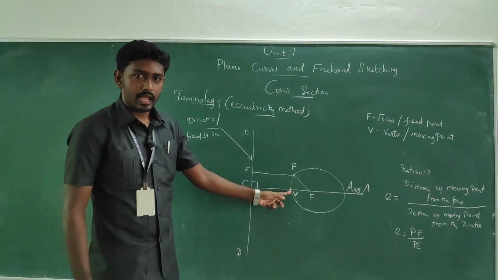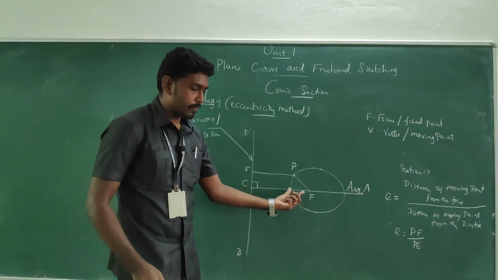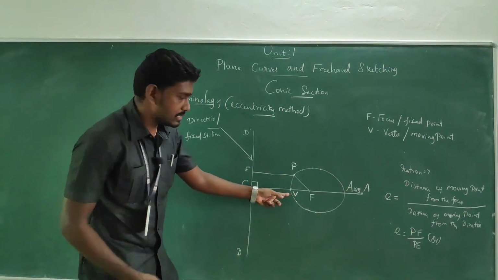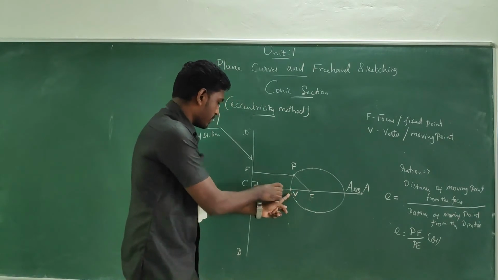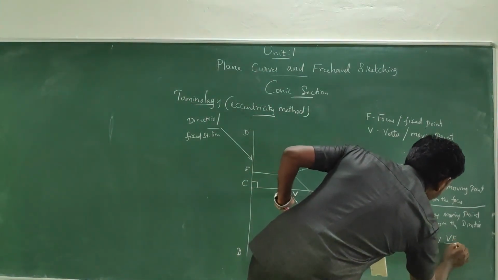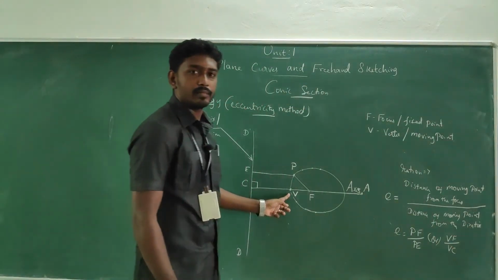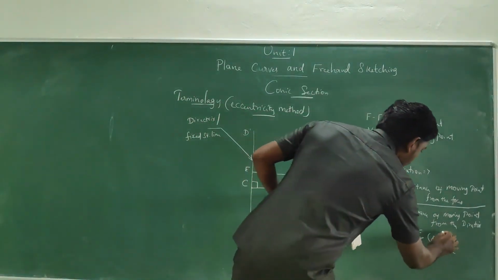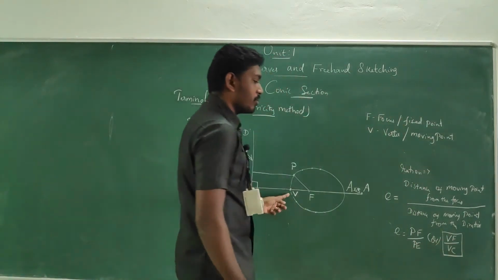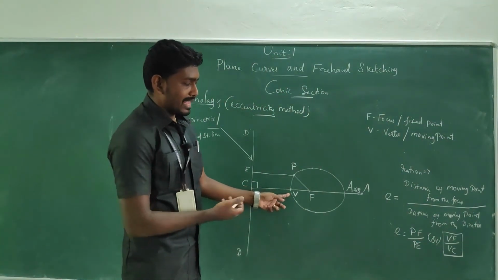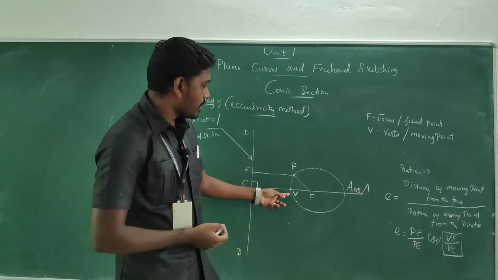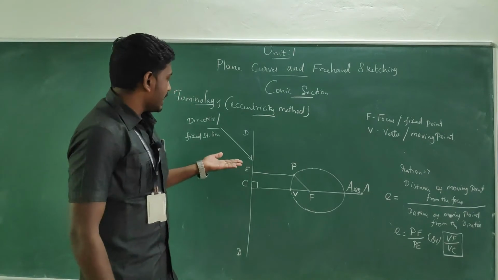So I can also give the ratio of this eccentricity as VF divided by VC. In general, in questions we always use this formula, the eccentricity ratio as VF divided by VC.